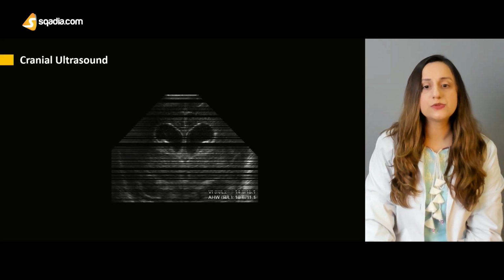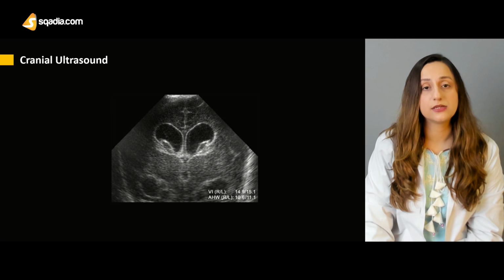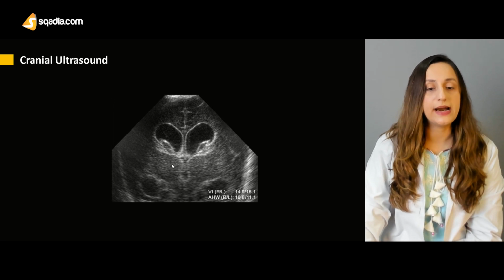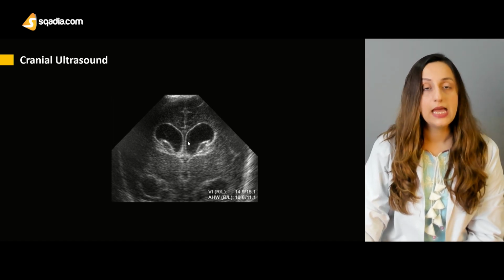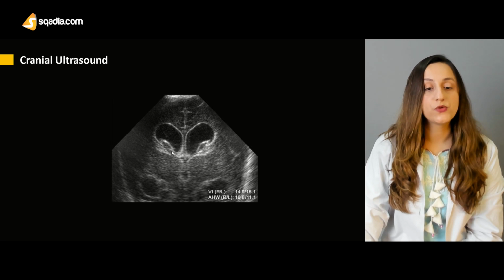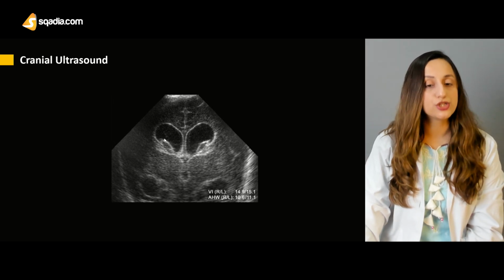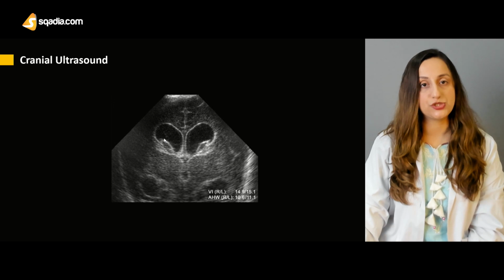Now, cranial ultrasounds are also carried out, and again, they focus on the size of the ventricles, particularly the lateral ventricles. Obviously, they can also focus on the rate of production of the CSF in the ventricles.